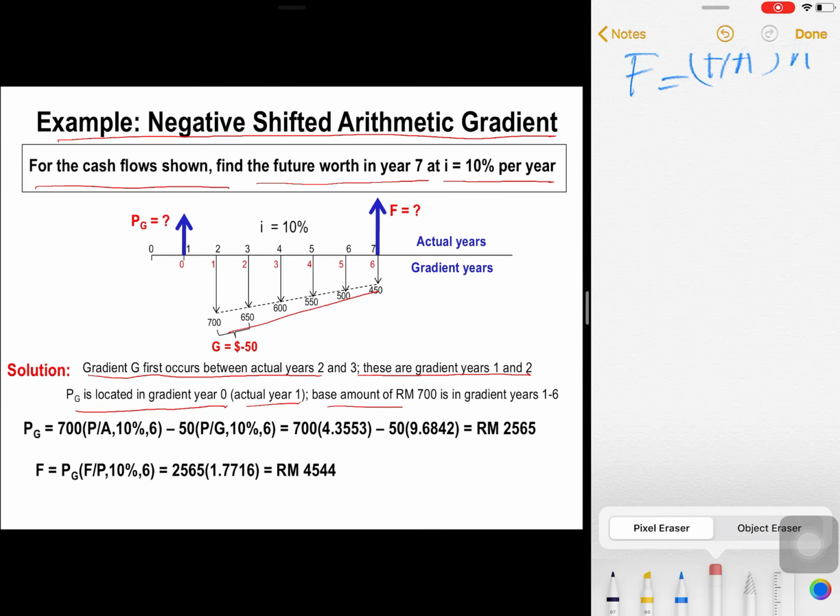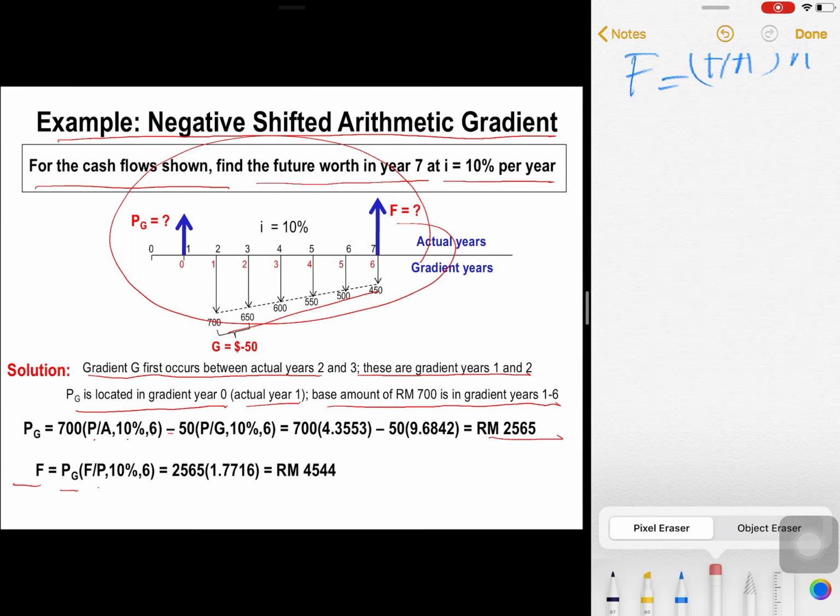PG is located in gradient year 0, actual year 1, and the base amount RM 700 is in gradient years 1 to 6. So solving for this, PG equals 700 times (P/A, 10%, n equals 6) minus 50 times (P/G, 10%, n equals 6), and you get the values here.